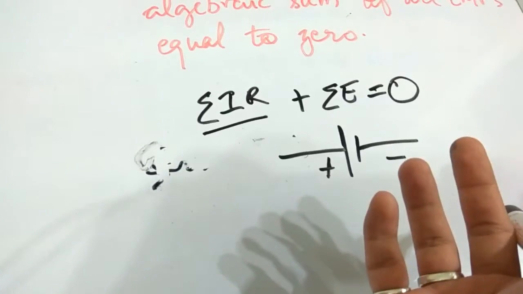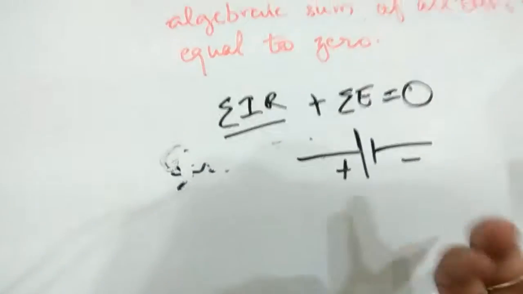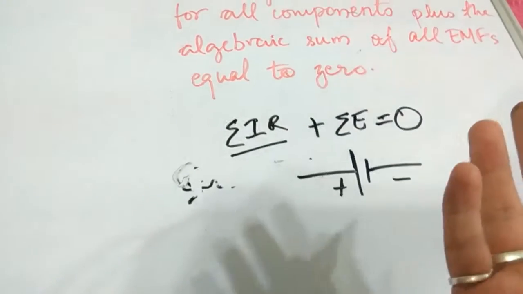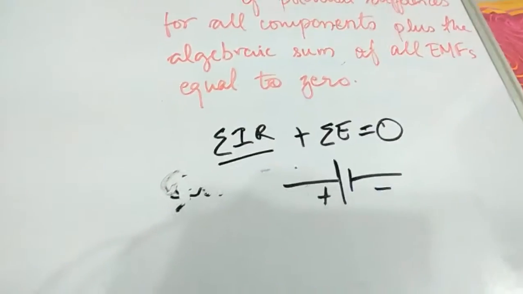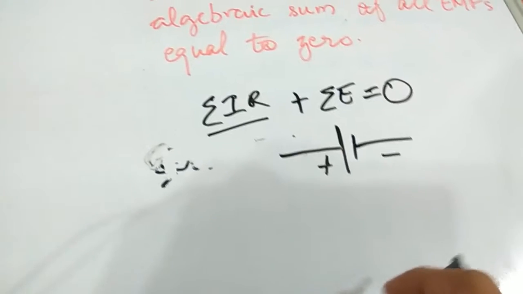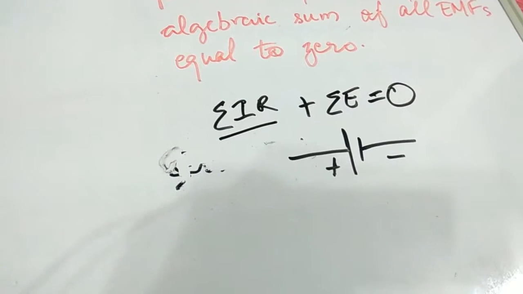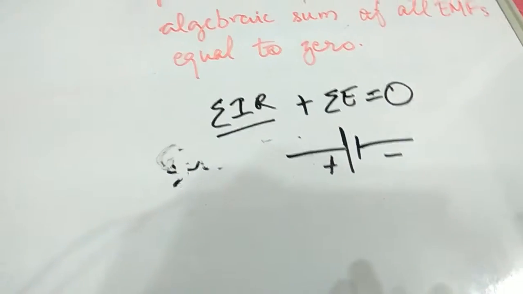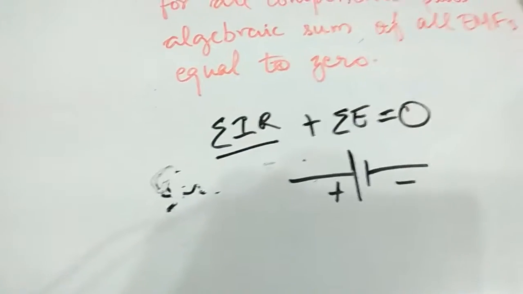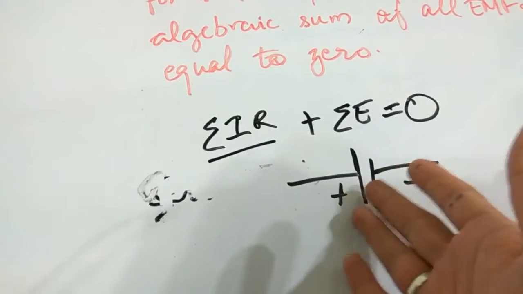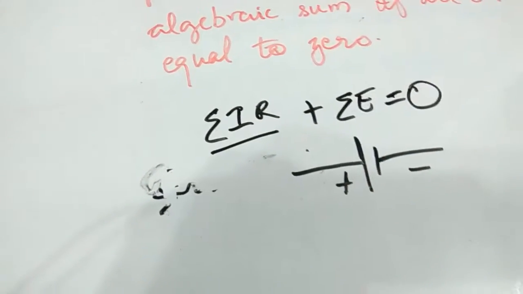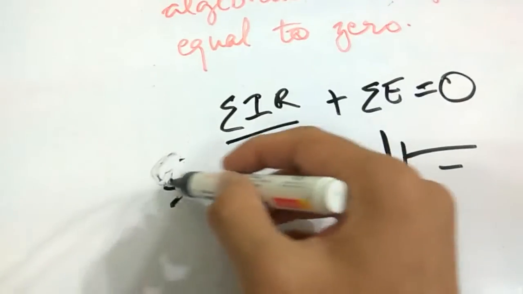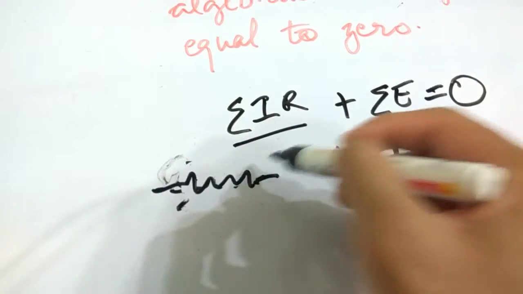A cell produces the current in a loop, in a circuit, basically because of its difference in charges. But we are not going to that. E is on the cell, and IR comes from this potential difference.